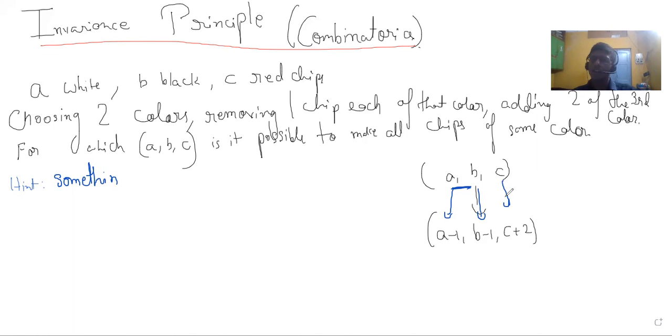And then the question is, for which starting positions of chips can you manage to make all chips of the same color? There'll be only one color with chips. The other two colors will not be there. Yeah, as I said, I'm using this old computer, so it's a little difficult to write here.